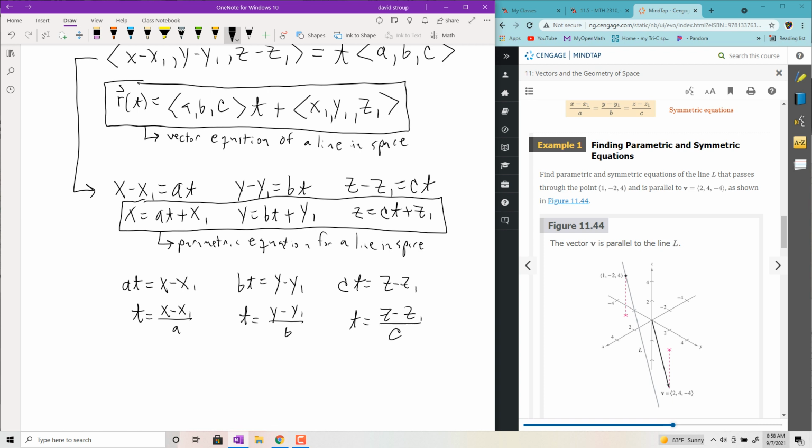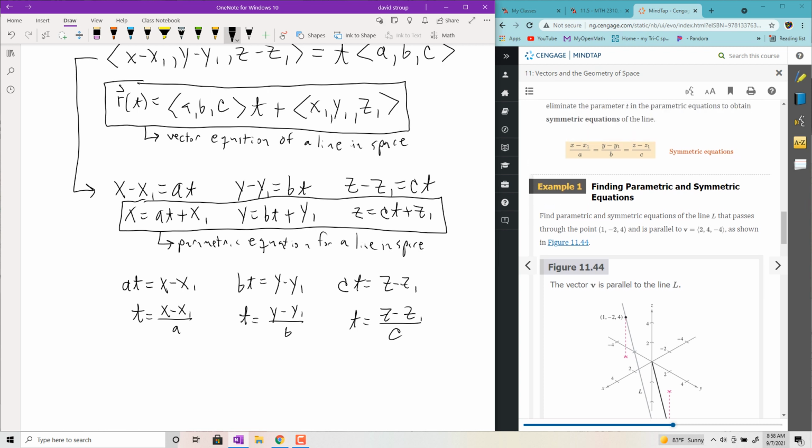I don't really use the symmetric equations very much. Anyways, when they present the symmetric equations, you'll see on the right here, they set all three of these equal to each other. So you get x minus x1 all over a equals y minus y1 over b equals z minus z1 all over c.